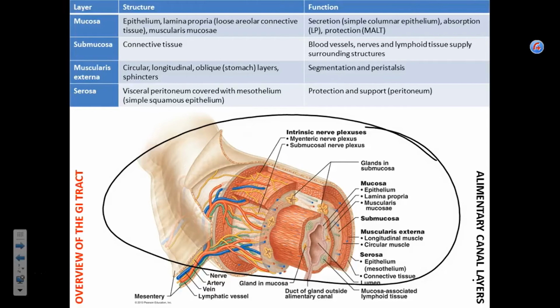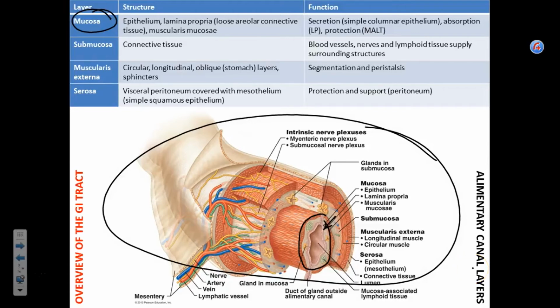Four layers. The innermost is the mucosa. So in this image, the mucosal layer will be this. Okay? From the side of the lumen, and everybody understands the word lumen, the empty space inside of the tube.